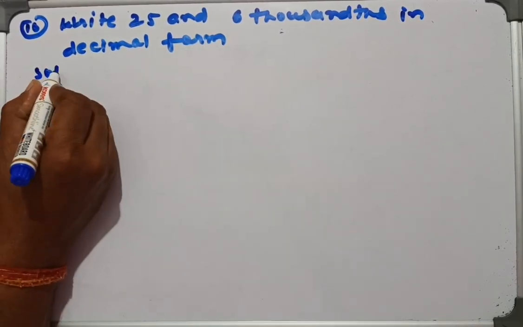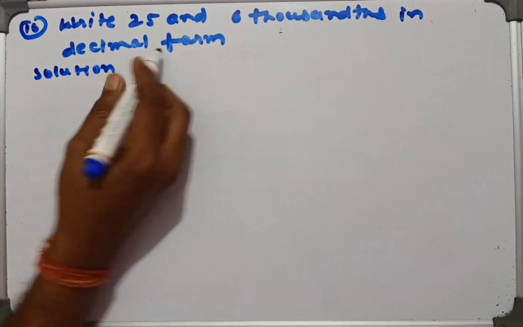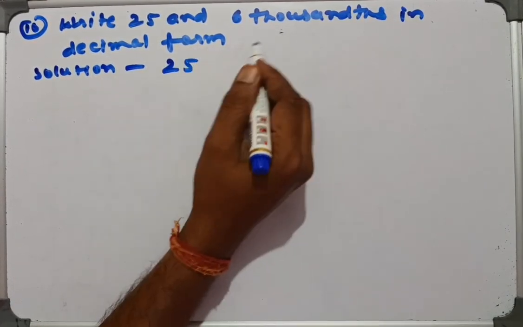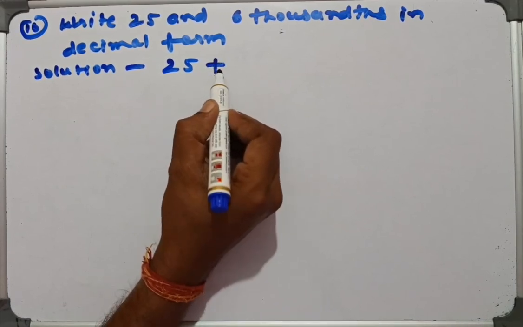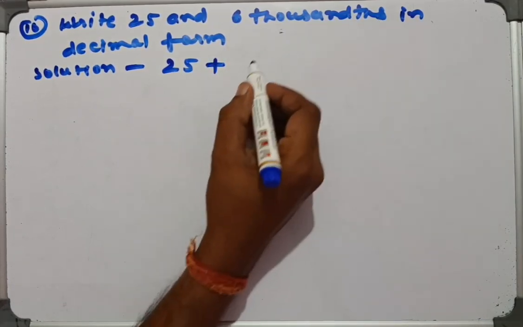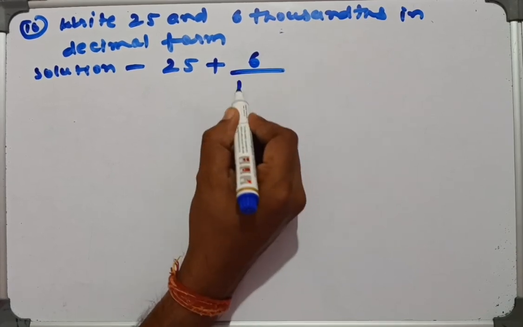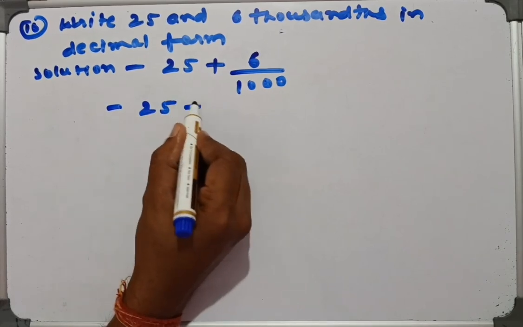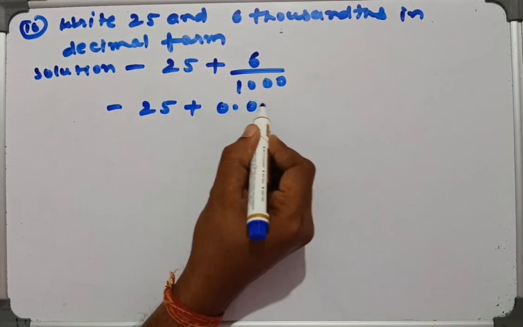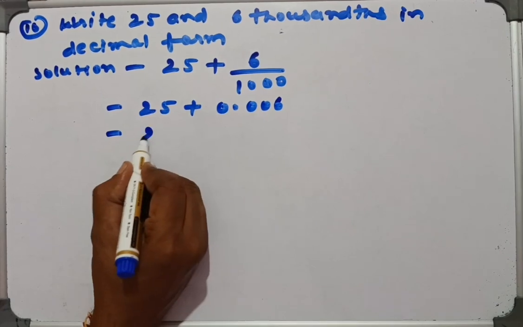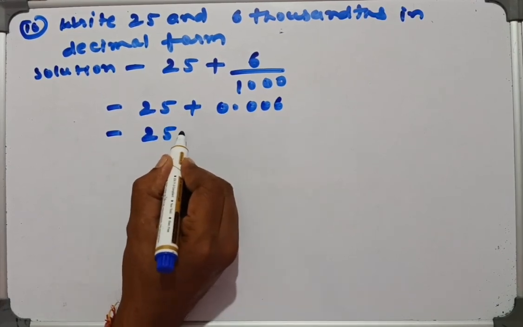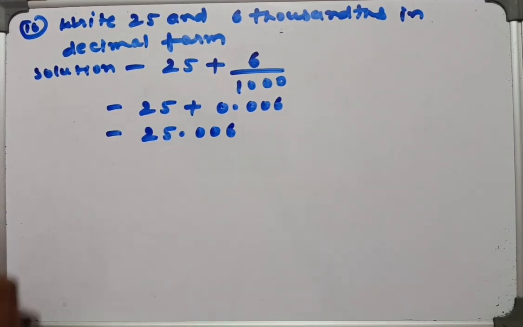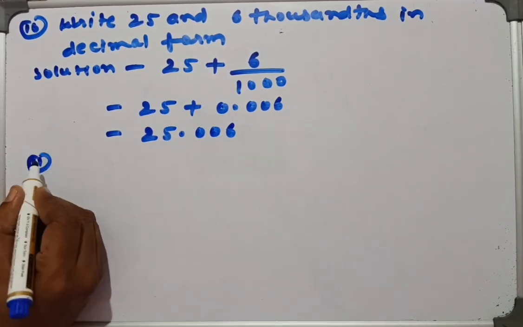Solution: 25 and means you have to add 6 by 1000. So this is equivalent to 25 plus 0.006, which is 25.006. Our answer is this one.